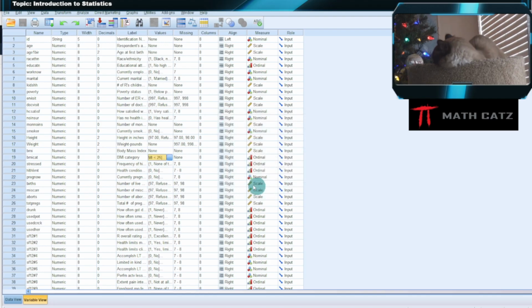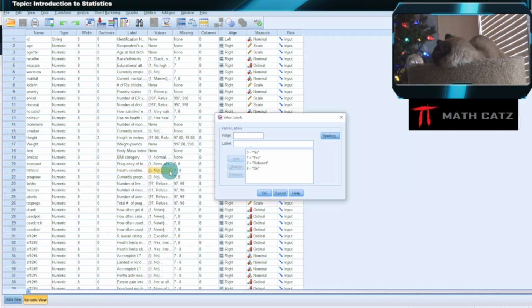And then we're going to compare that with a variable that measures if the woman had any health issues that limited their everyday function. Health condition over here, and that is basically a yes or a no variable.